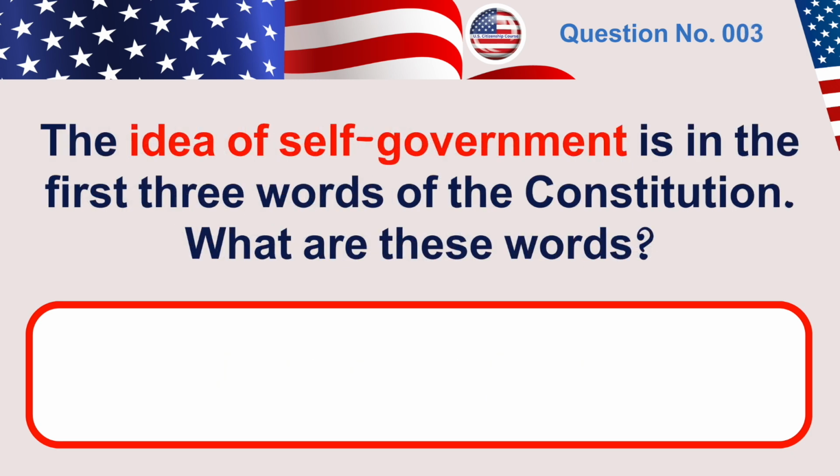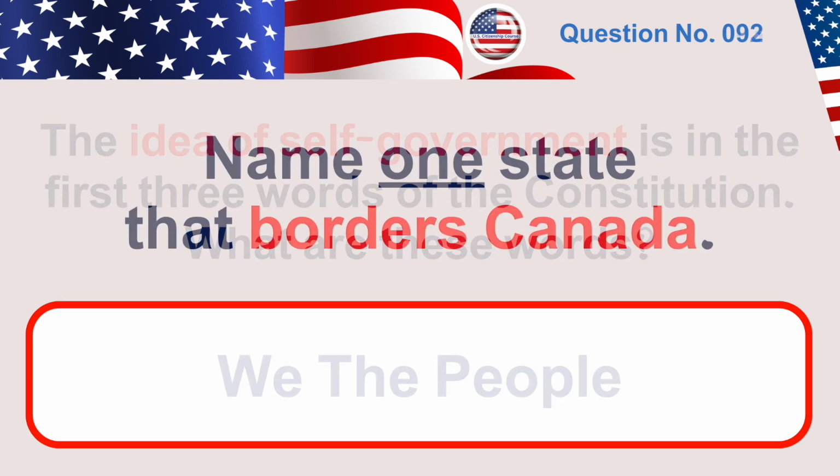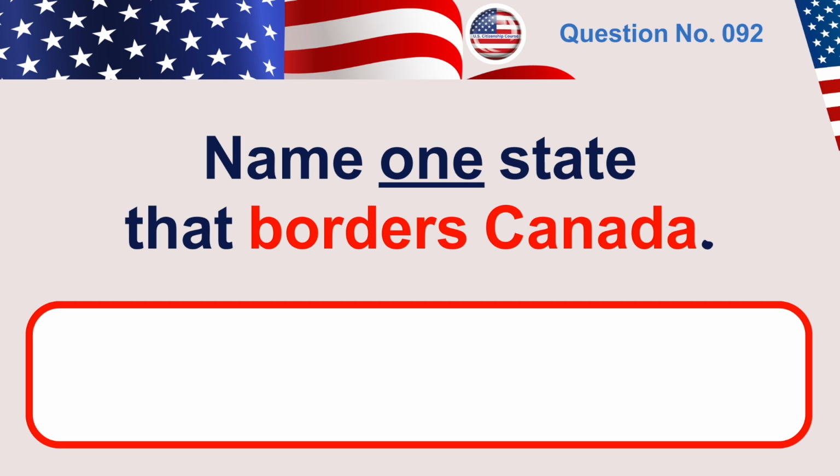The idea of self-government is in the first 3 words of the Constitution. What are these words? We the people. Name one state that borders Canada.